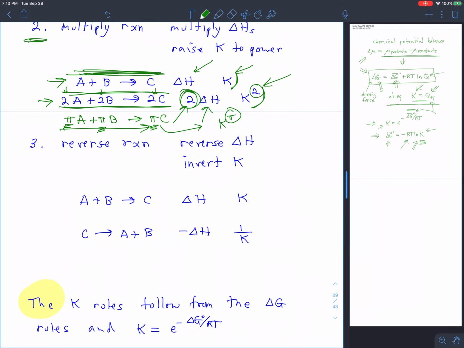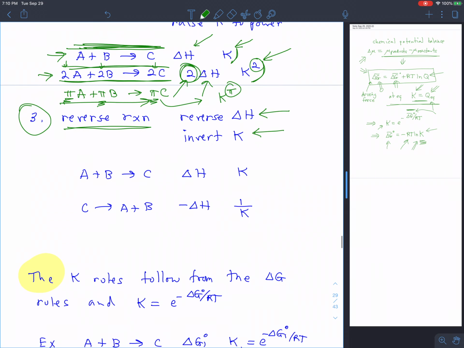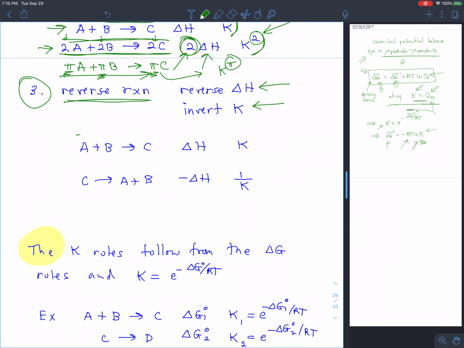That's rule number 2. Rule number 3 is that if I reverse the reaction, if I turn the reaction around, then I reverse the delta H and I invert the value of the equilibrium constant. So A plus B goes to C. The reverse of that is C goes to A plus B. If I know delta H for the forward reaction, then it's minus delta H for the backward reaction. We've actually been using that rule all along since it's kind of intuitive.